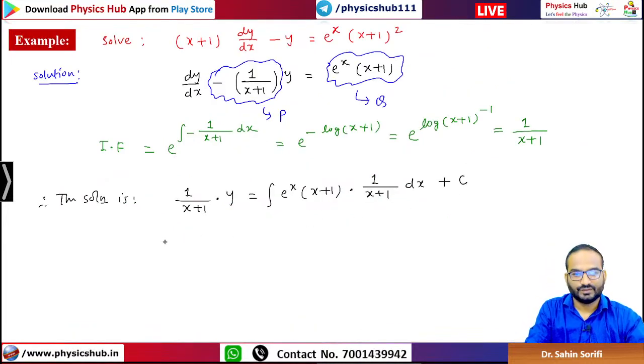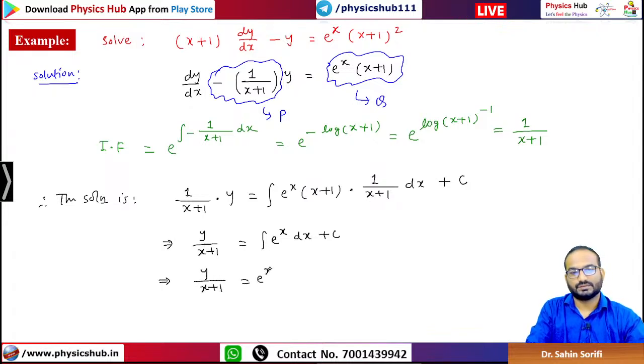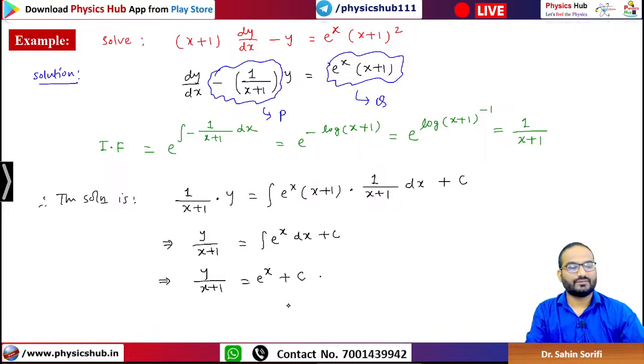So this will give you y by x plus 1 equals integration e to the power x dx plus c, or y by x plus 1 equals e to the power x plus c. So in this way you can find out the solution.